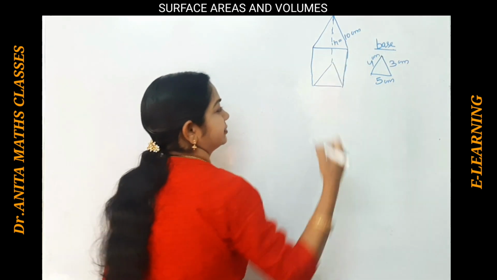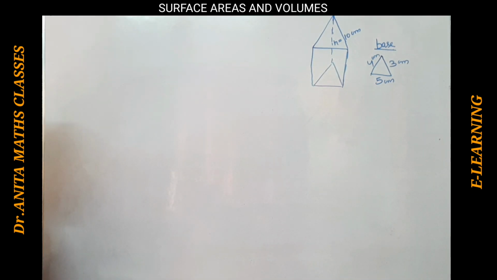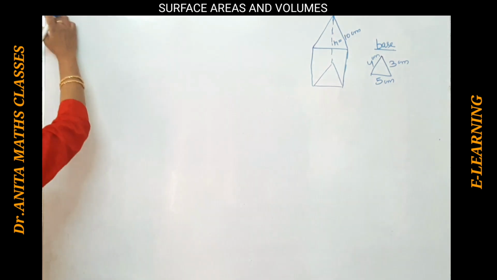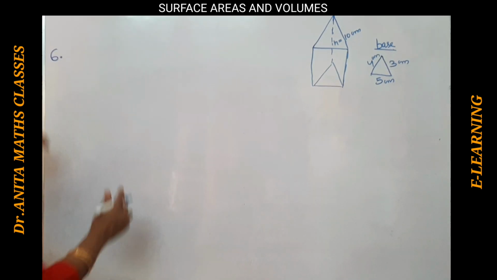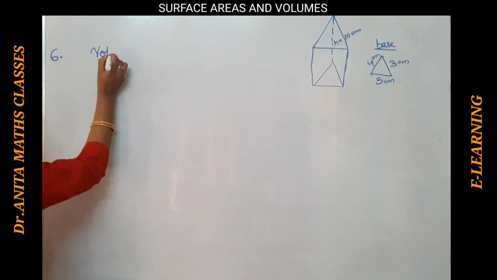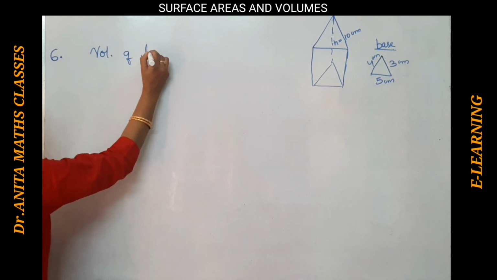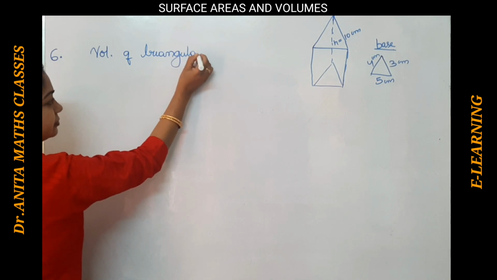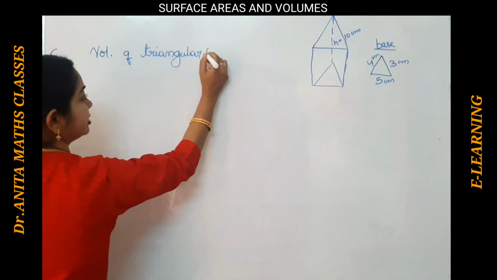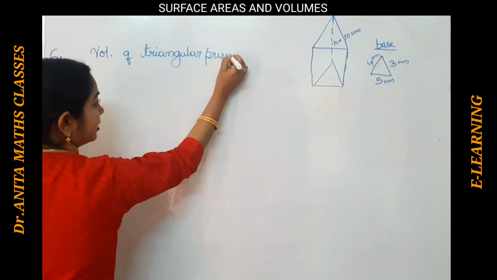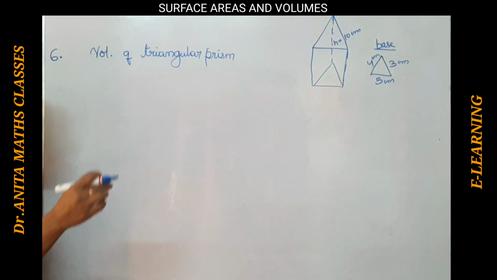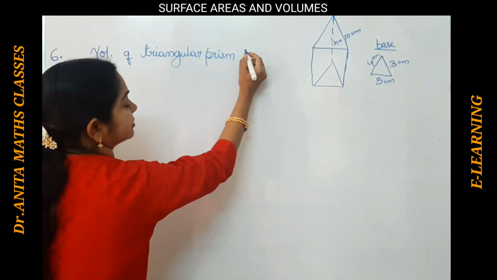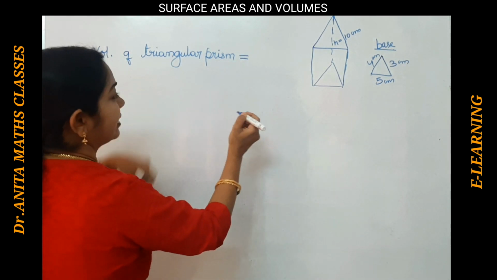We need to find the volume of the prism if its height is 10 centimeters. Here the base is a triangle, so we call it a triangular prism. If the base is a pentagon, we call it a pentagonal prism. Now how do we calculate the volume?